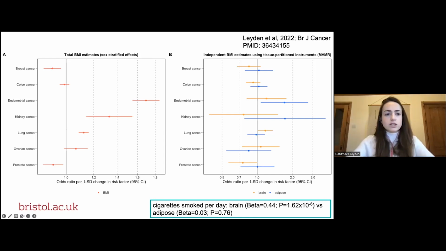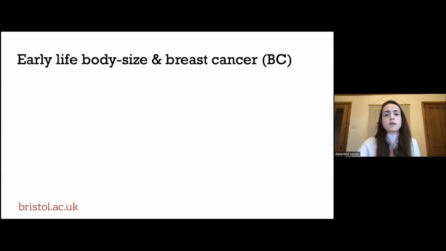It's also worth mentioning that we observe an inverse relationship between lifetime BMI and breast cancer risk in the univariable analysis. We don't observe direct effects in the multivariable analysis, and this is because the relationship between BMI and breast cancer risk is more complicated because it varies throughout the life course. And so there's been emerging evidence of a protective relationship between childhood adiposity and breast cancer risk.